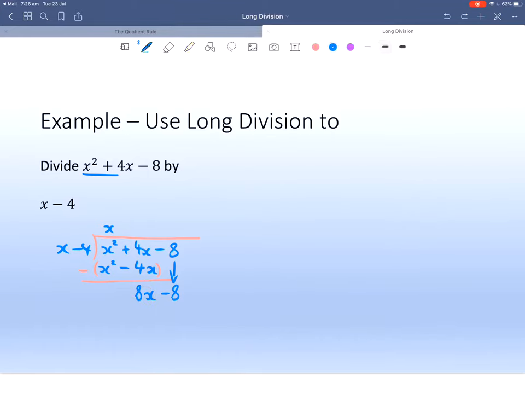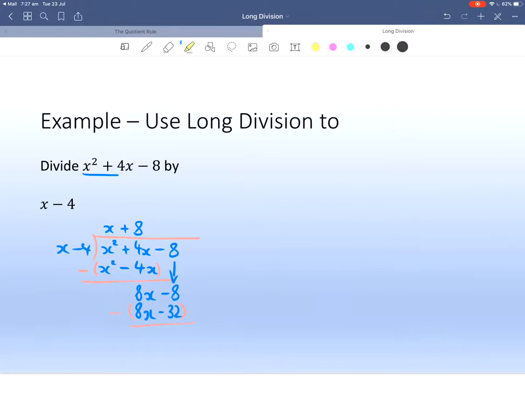So it's positive 8, so plus 8, all right? And now we do that timesing thing. 8 times x, well, that's just 8x. And then we go 8 times minus 4. Remember, we've got to times it by the constant. So that's minus 32. Now, we've got to be careful. Put brackets around it and minus.